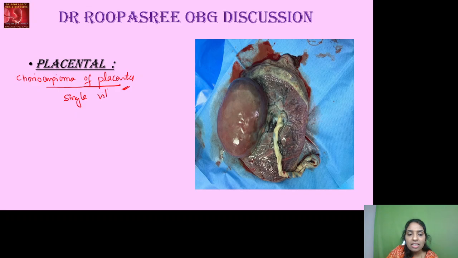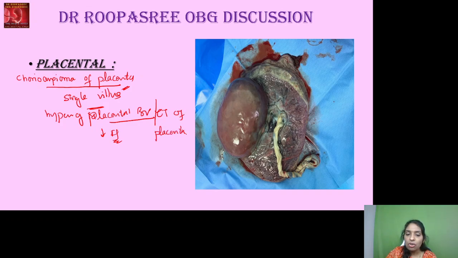It leads to hyperemia or hyperplasia of the placental blood vessels and the connective tissue of the placenta. With this, excess fluid gets accumulated. So there is only one phenomenon, that is transduction: the fluid accumulated inside comes outside and settles in the amniotic fluid. So the placental condition is chorioangioma of the placenta.